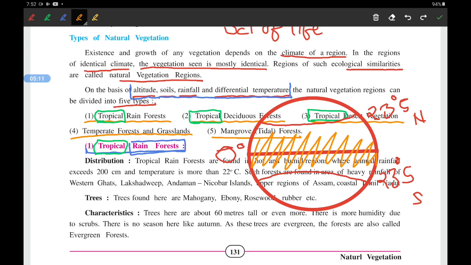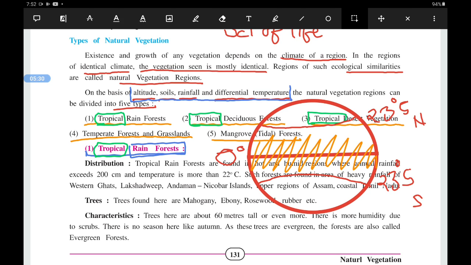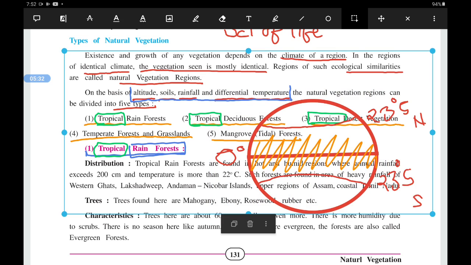Now tropical rainforest means those rainforests which are found near the equator, in hotter areas. Understood the word tropical, right?